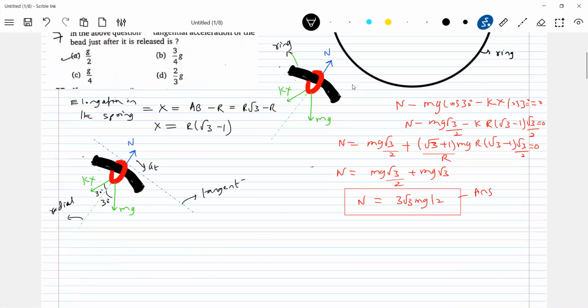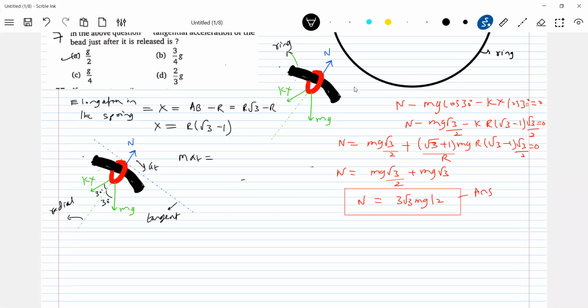The idea of circles. Okay, so what is A tangential? So length AB should be equal to the length of the chord. Length of the chord, all of you know. Basic idea of circle.